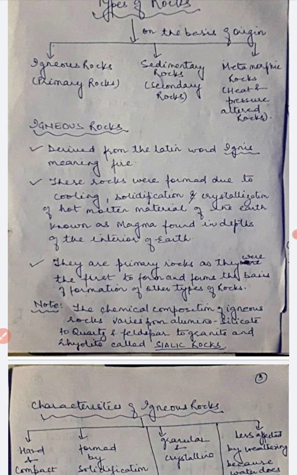Igneous rocks are formed due to cooling, solidification, and crystallization of the hot molten material, which is usually known as magma.